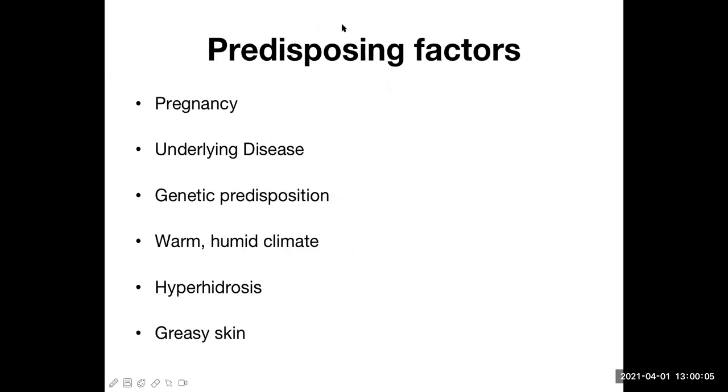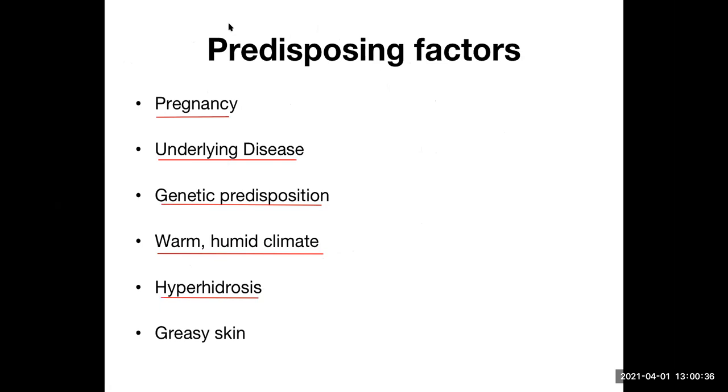Now, what are the predisposing factors for Tinea Versicolor? Pregnancy is a very important predisposing condition, and these pregnant ladies may suffer from this infection because they are in a bit of a hypermetabolic state and they sweat a lot. Underlying disease, genetic predisposition, warm and humid climate, hyperhidrosis.